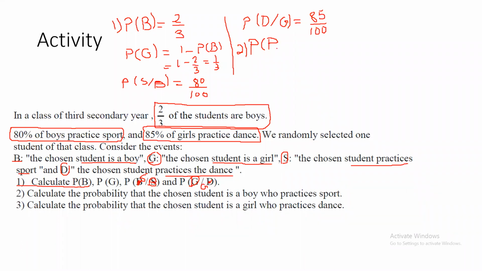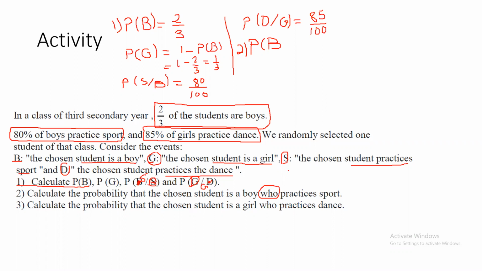No. He is saying sport. Given that he practices sport, or who practices sport? What is the meaning of who practices sport? Or practices sport, and practices sport, or given practices sport. A boy who practices dance.